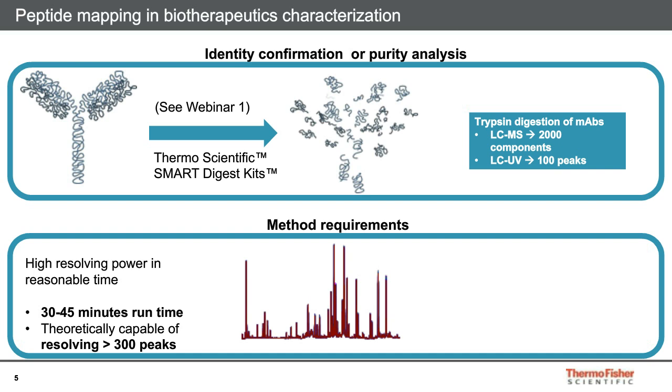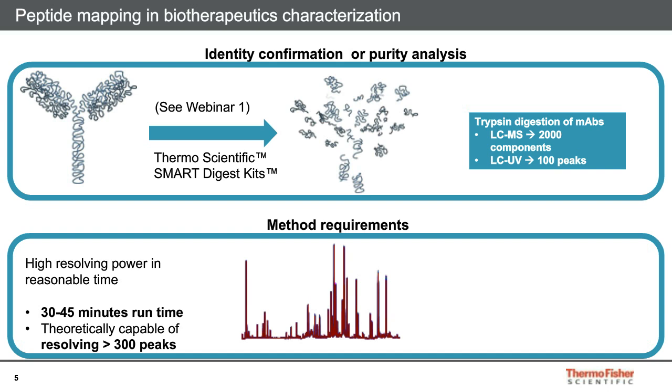So now, if you have a mixture of 100 peptides, 100 peaks, what you need in terms of resolving power from your chromatography is a peak capacity of roughly 300. If you have 300, normally you're sure that you see sufficient resolution to properly characterize this mixture. In terms of runtime for the chromatography, we are talking about 30, 45 minutes, preferably not longer than this.